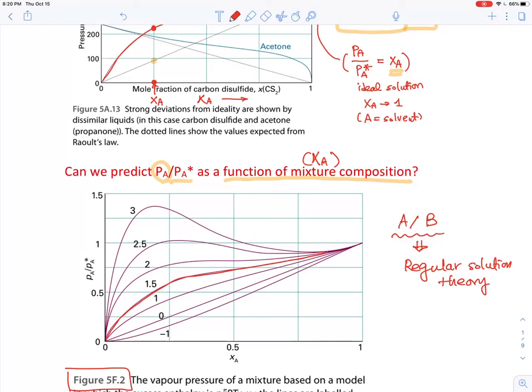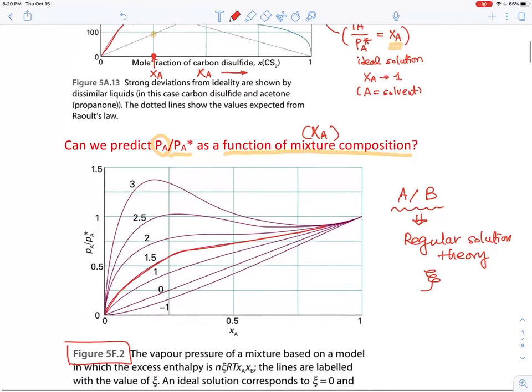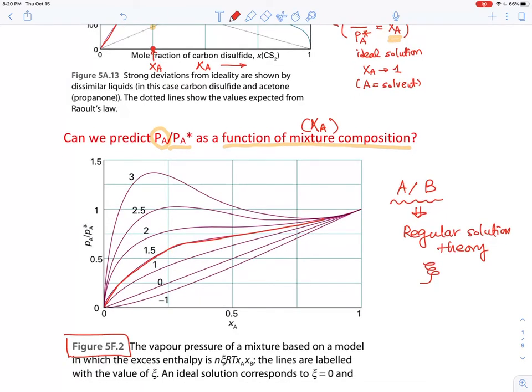Where the repulsive interaction is parameterized by this psi. And this value is a measure of the enthalpy of interaction, which, when positive, means there's a repulsive interaction, right? And when this value is negative, there's an attractive interaction between A and B. Right? So this is repulsive. This is attractive.